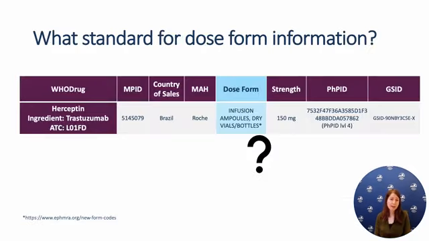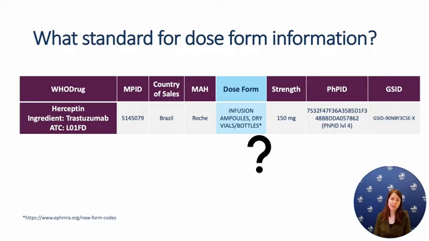And while trying to envision how an IDMP-compatible version of WHODrug should look like, we're of course considering what other improvements would be beneficial to our users. Up for discussion is what standard for dose form information should we maintain.